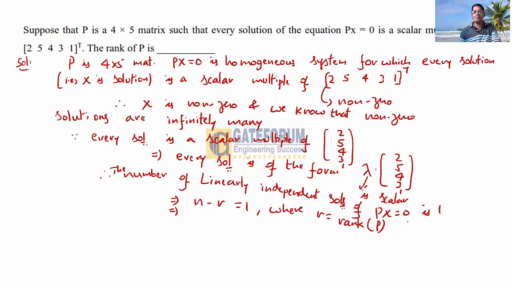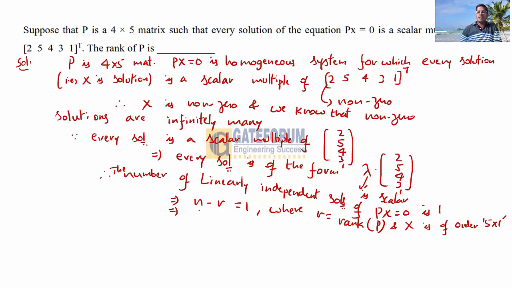So x must be of order 5 cross 1, because each row of matrix P has 5 elements, so it must have 5 elements in a column. Solution is a column vector, so that is 5 cross 1.